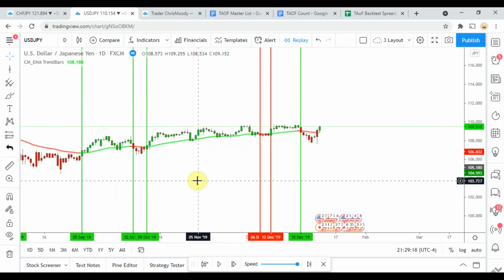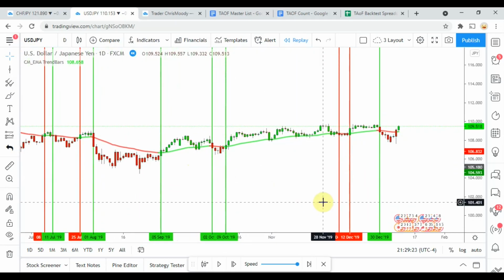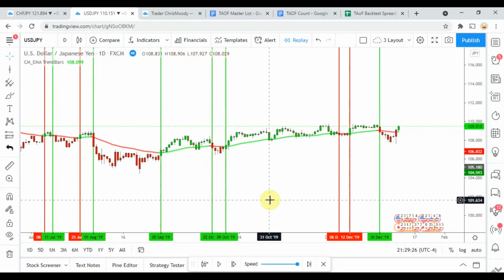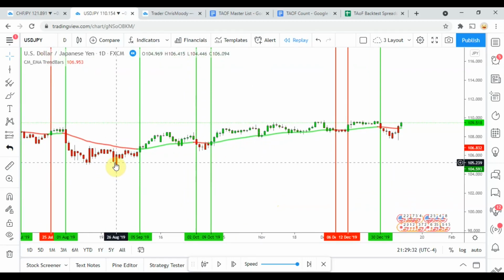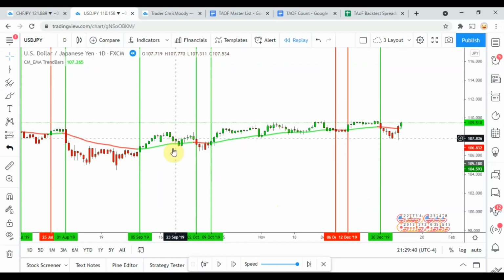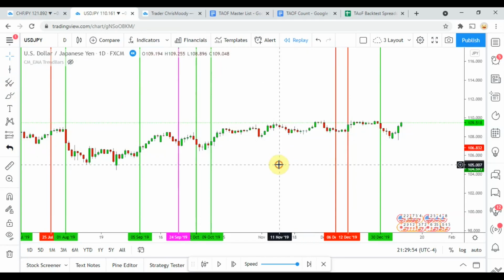So one thing I will say interesting about this indicator is that it doesn't seem to act 100% as a price break. I say that as in normally when we are using a moving average as a baseline, and we are looking for price to break either up or down, then for example, right here, if you look at this area, even if I turn off the trend bars, you can see right here, if I mark that red candle right there, we'll mark it purple so that way it doesn't get mixed with the rest of them.